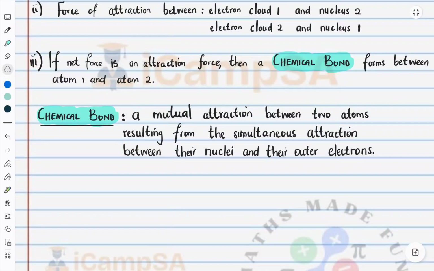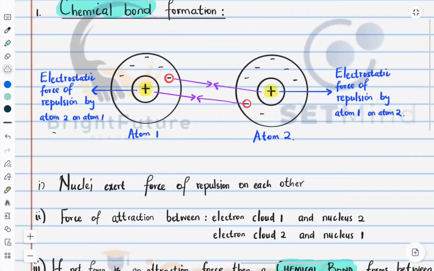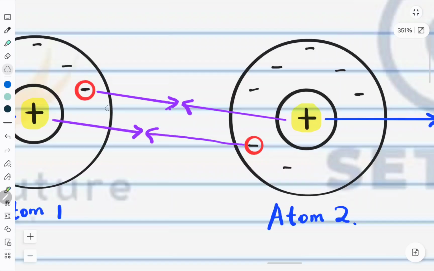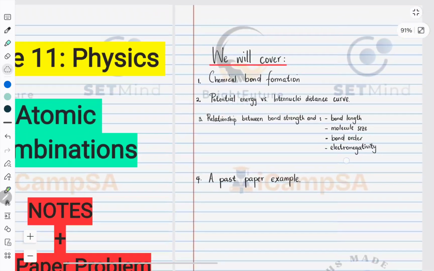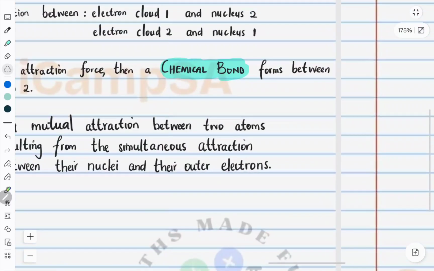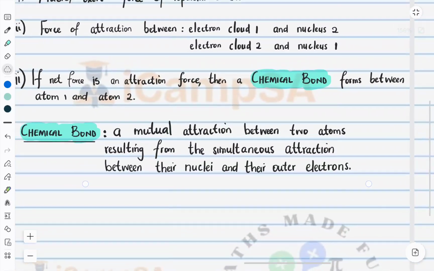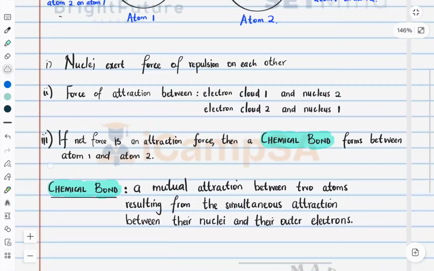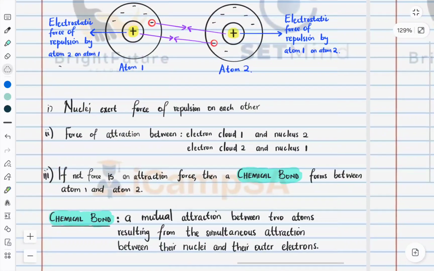It's the mutual attraction between two atoms resulting from the simultaneous attraction between their nuclei, as you can check with those purple arrows we drew here, the plus, and the minus in their outer electrons, sorry. So that's pretty much what happens for the formation of a chemical bond.